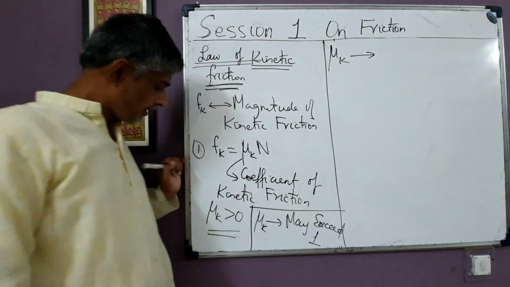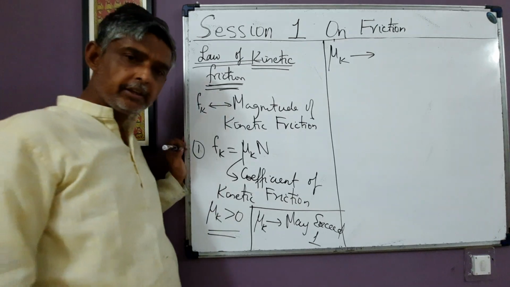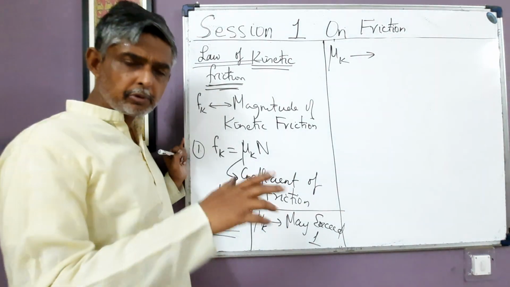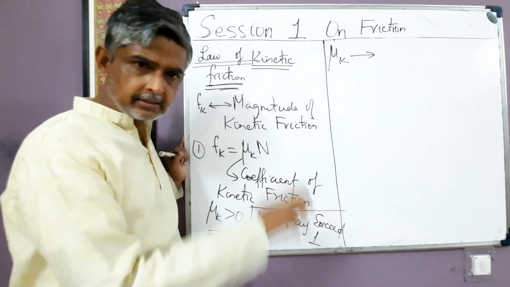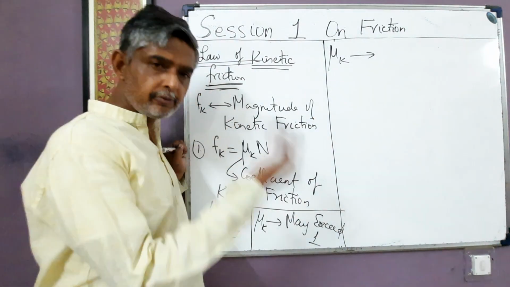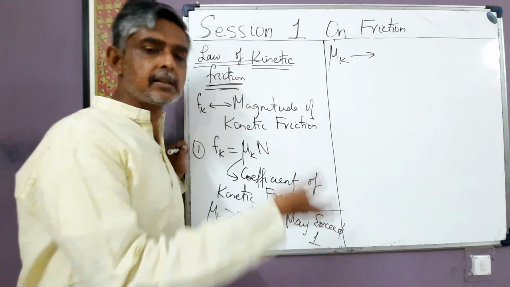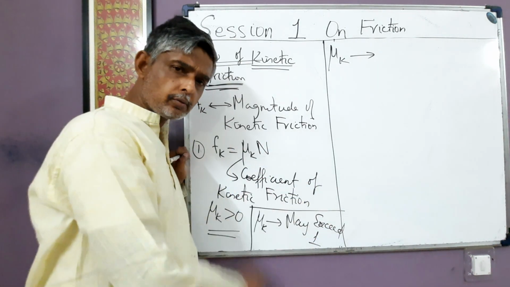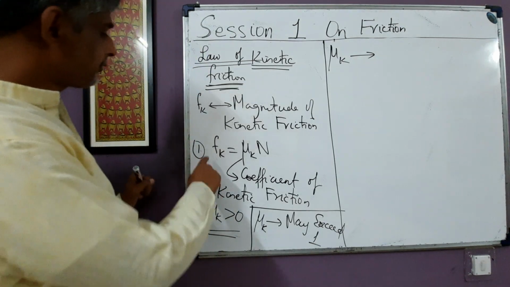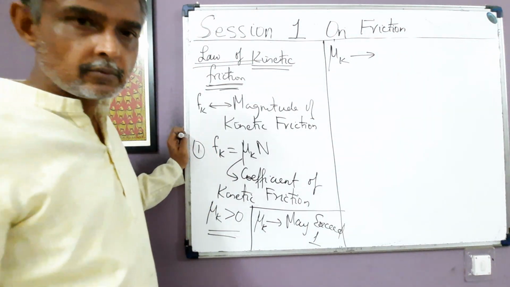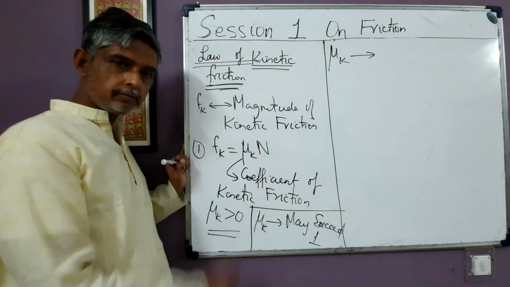The greater the degree of roughness, the more the value of mu k. The lesser the degree of roughness, the lesser the value of mu k. But mu k may exceed 1 also. So this is the first rule. This is called the first law of kinetic friction.